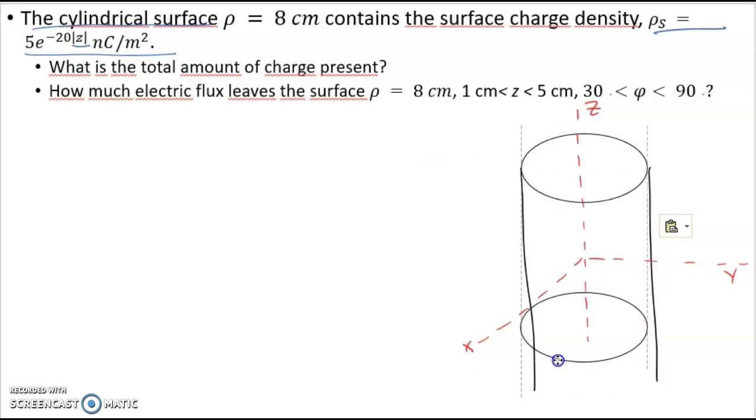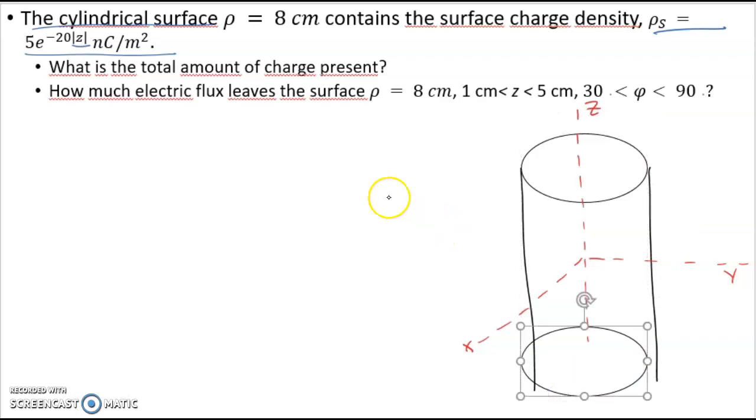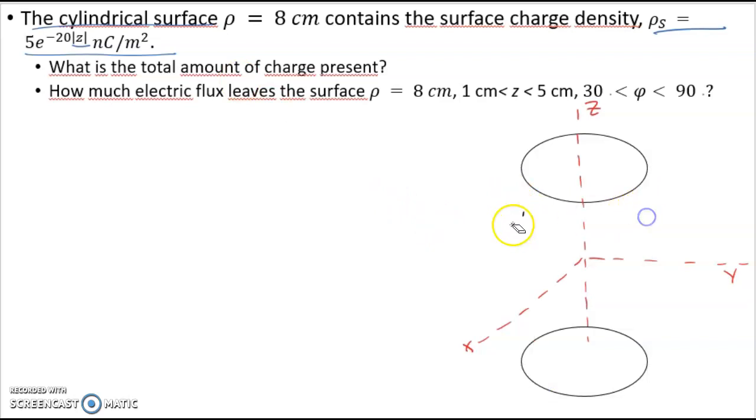So our cylinder would actually look something like this. We get a cylinder that goes up and down from the center.